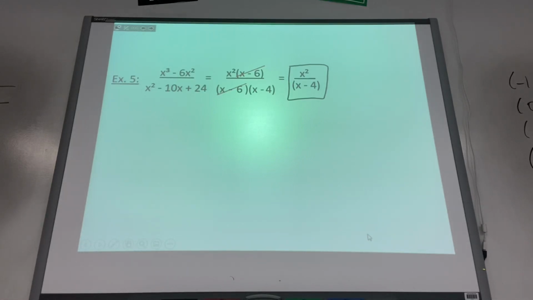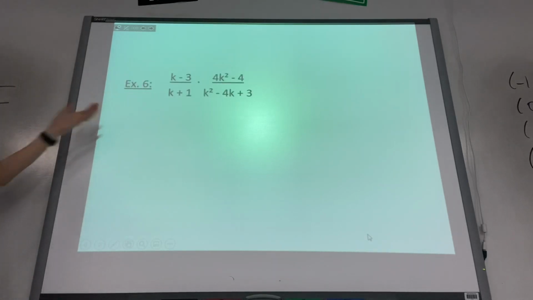Okie doke. A lot of factoring today. Now, I'm not really going to change the directions for the last 2. We are still technically just kind of simplifying, but more importantly, for number 6, if you look in the middle of those fractions, we're actually multiplying.